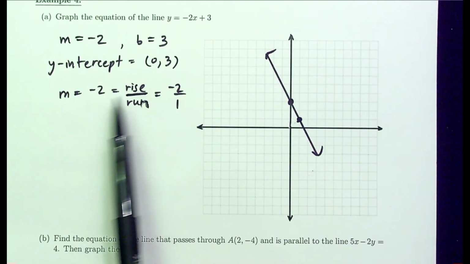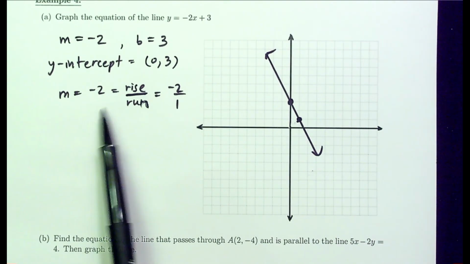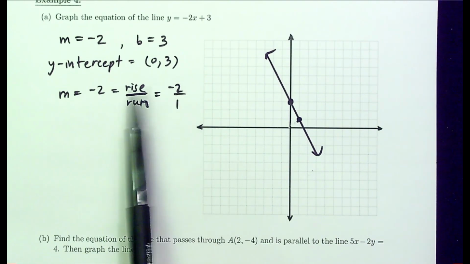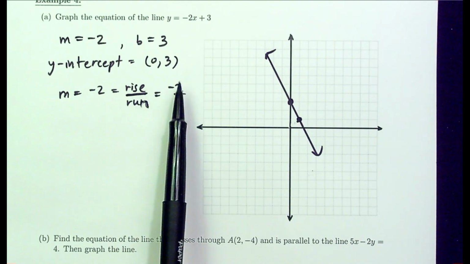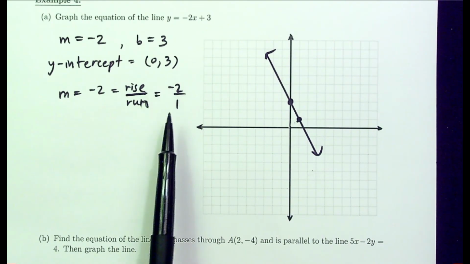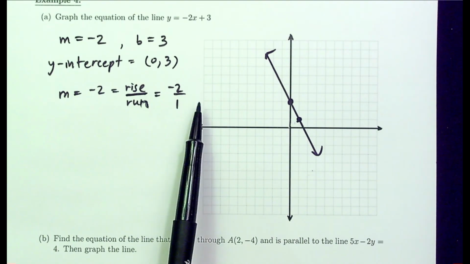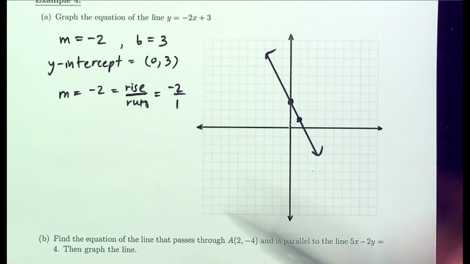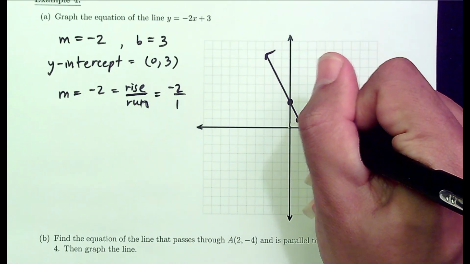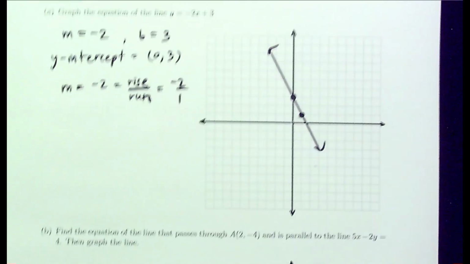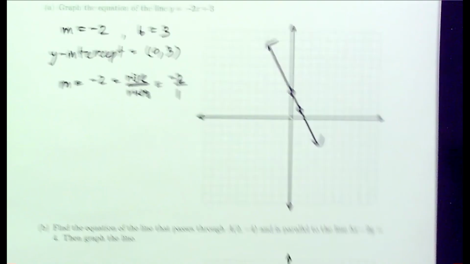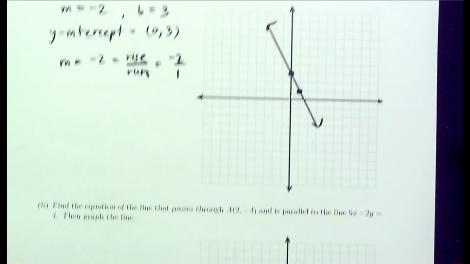If it's already a fraction, good. If it's not, then write it as over 1. And then the top is the rise. Positive means move up, negative means move down, and the run is horizontal movement. So if it is positive, move to the right. If it is negative, move to the left. Wherever you land by following those two instructions is a point on the line. Plot it, connect them, and that's your line.